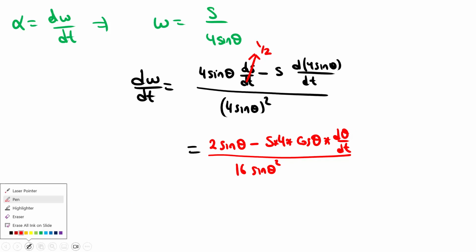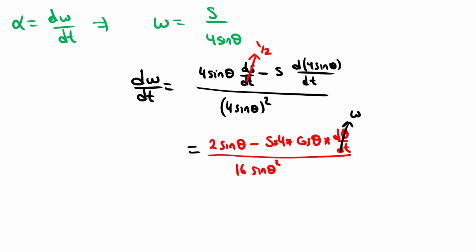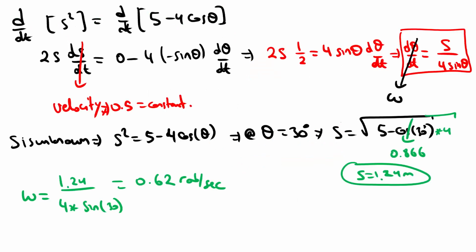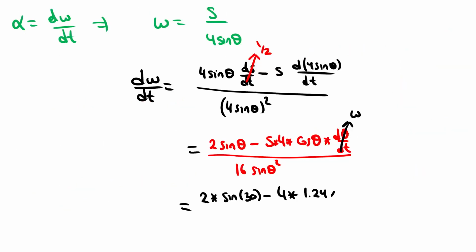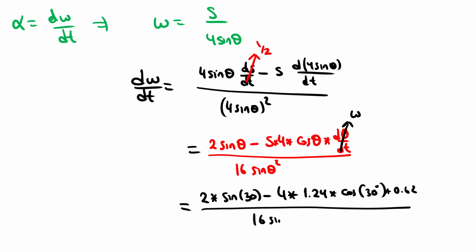And then again we have the d theta by dt, which is omega. So the rest we will just replace the values. That will be 2 times sine 30 minus 4 times the S value, which we have found is 1.24, times cosine 30, and then that times the omega value, which we have found as 0.62. The whole divided by 16 times sine 30 squared.